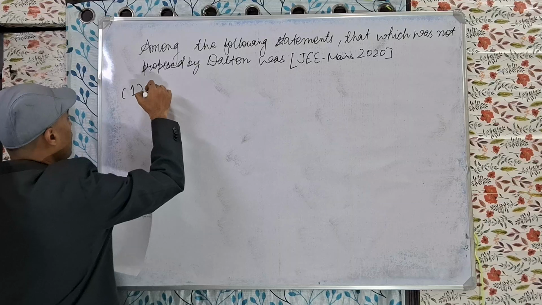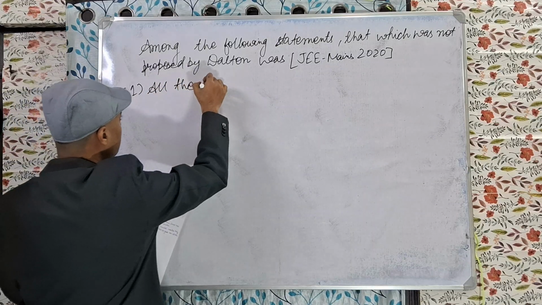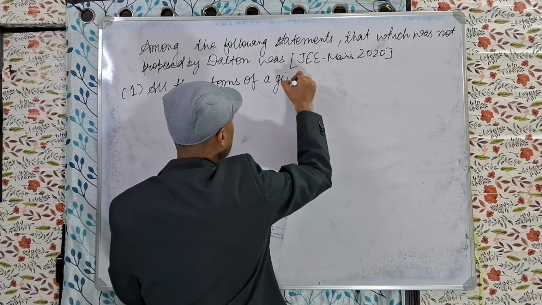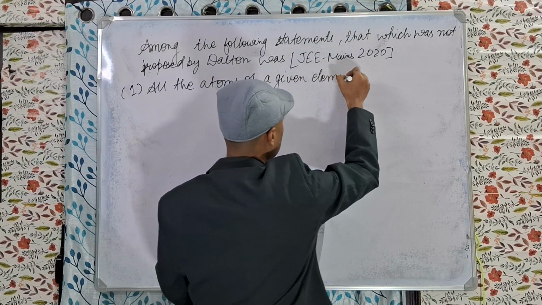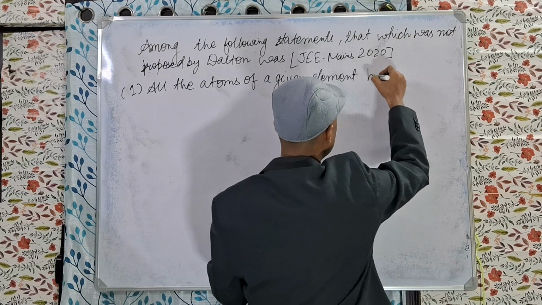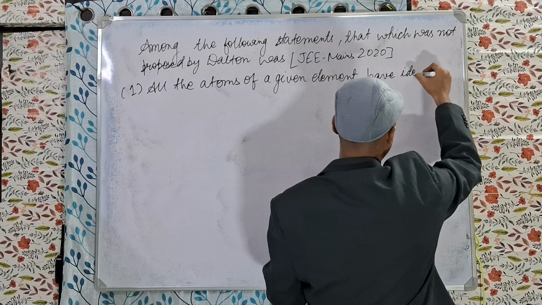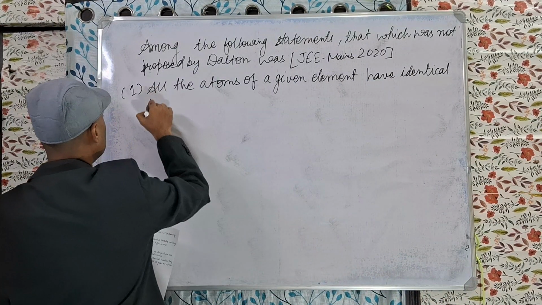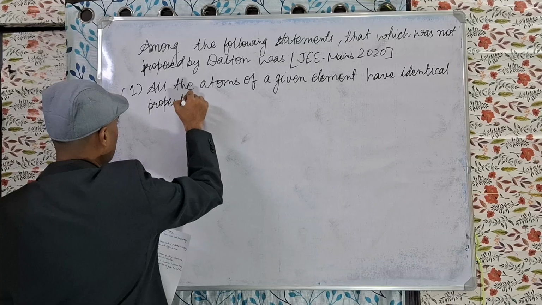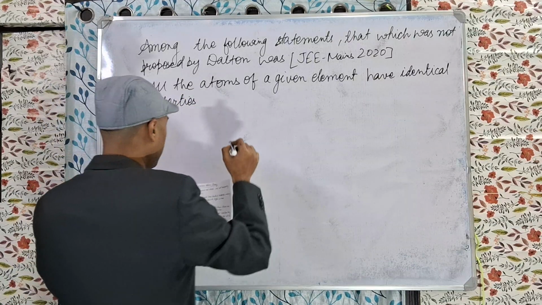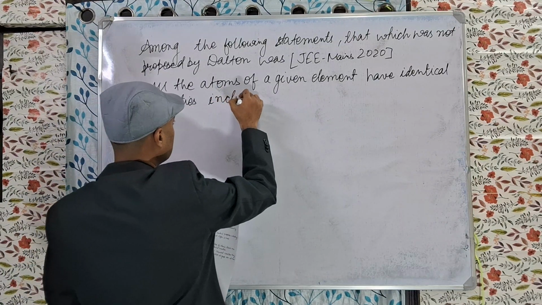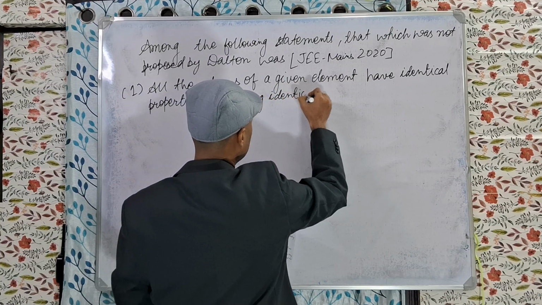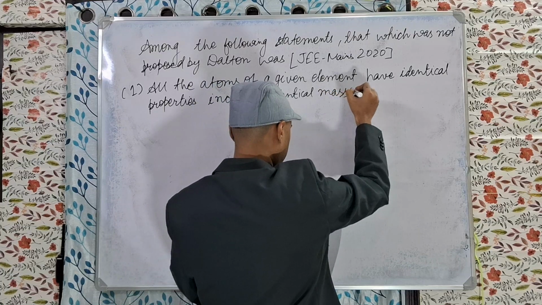Write down. All the atoms of a given element have identical properties including identical mass.